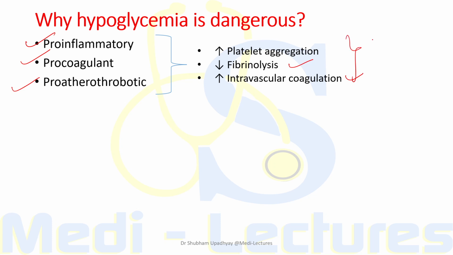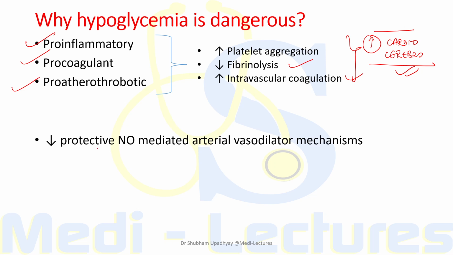All this leads to increased cardiovascular as well as cerebrovascular morbidity and mortality. That is why hypoglycemic episodes must be reduced as much as possible. Other than this, hypoglycemia also reduces protective nitric oxide mediated arterial vasodilator mechanisms.